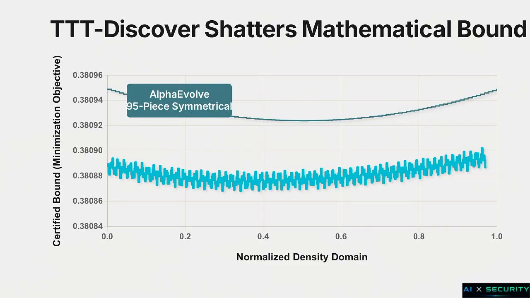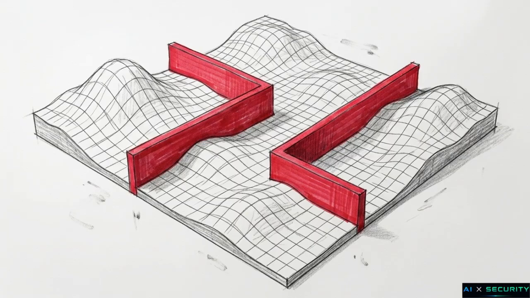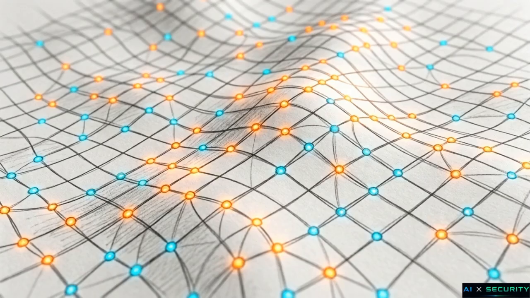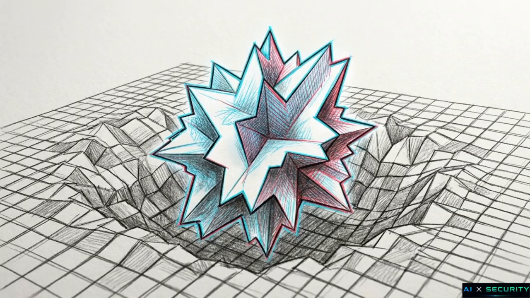TTT-Discover improved upon that bound by generating a vastly more complex, irregular, asymmetric 600p step function. To map this result, the generated algorithm had to navigate strict mathematical constraints, optimizing bounded limits and exact integrals while utilizing simulated annealing to refine the shape. The system succeeded because the entropic objective allowed it to internalize an extreme, irregular outlier that standard optimization algorithms would have smoothed out of existence.